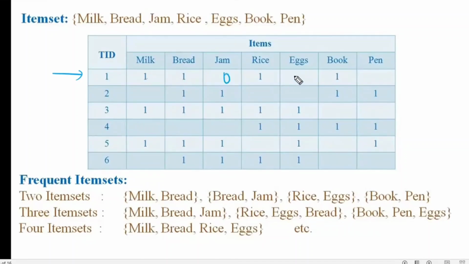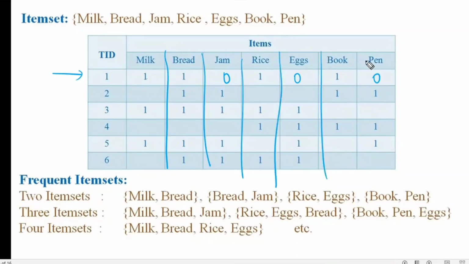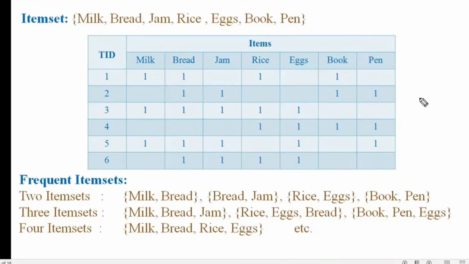So the remaining, jam, eggs and pen, are 0. Each unique item in the entire transaction history is considered as a column name. Out of which the first one is milk, bread, rice, book.